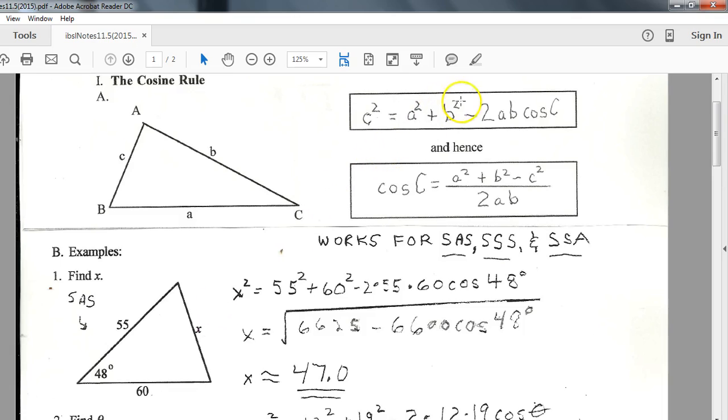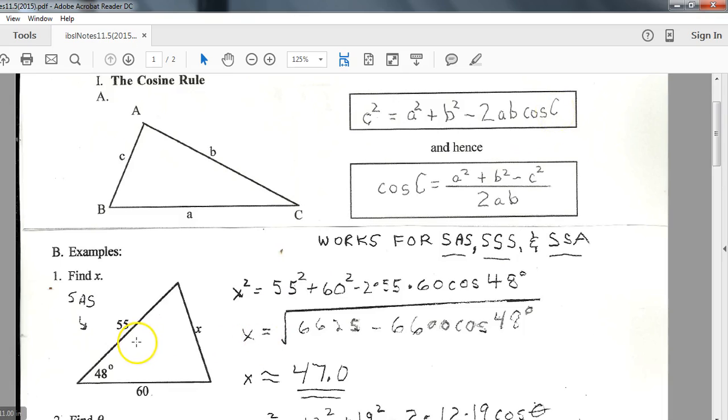Main idea for the cosine rule is to understand that this lowercase c goes hand in hand with this uppercase C. So whatever angle you're going to work with in the formula, this has to be the side across from it. Those always go together, which would make A and B simply the other two sides, or the two sides that form this angle.